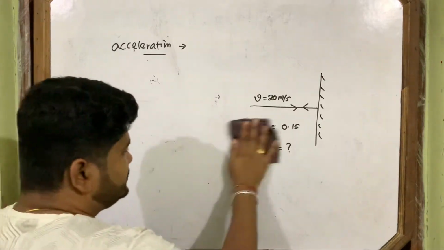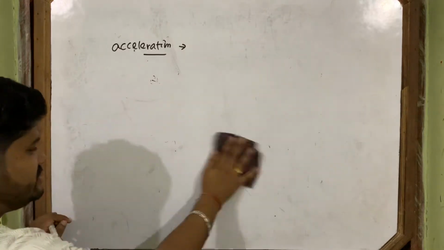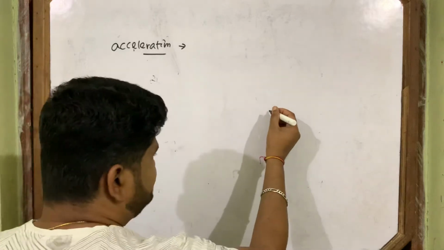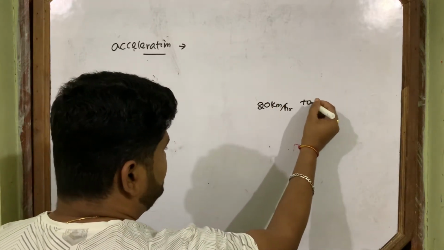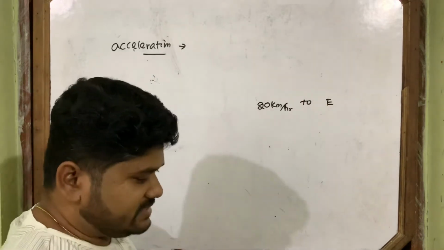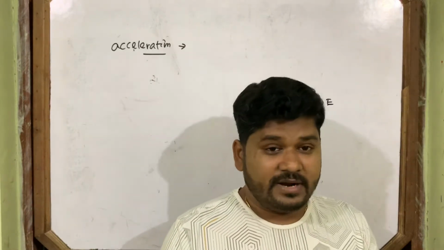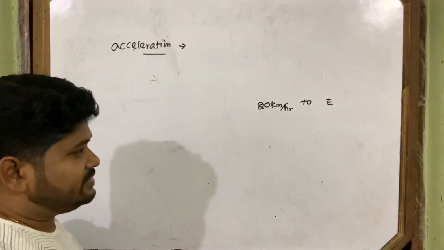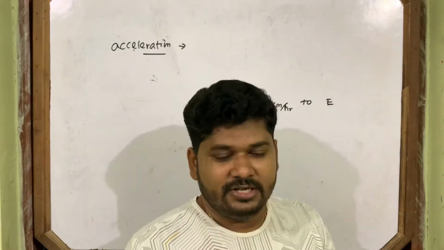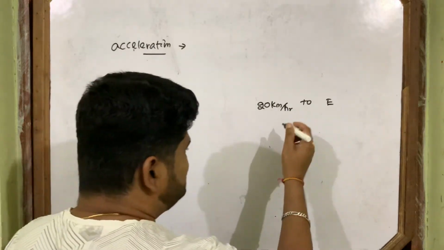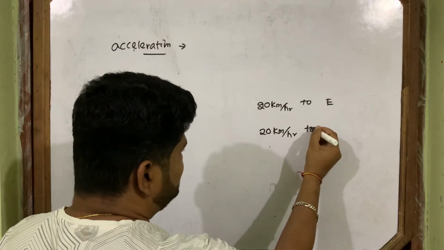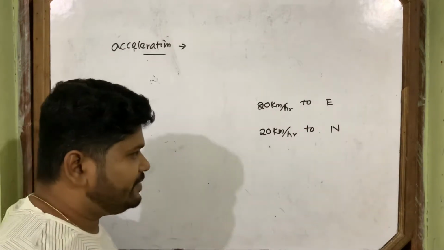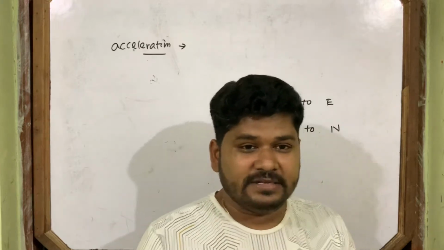Another question I can tell you, these are the fundamental questions. Suppose you move with a speed of 20 km per hour to east, and suddenly you turn your vehicle to north without changing your speed.